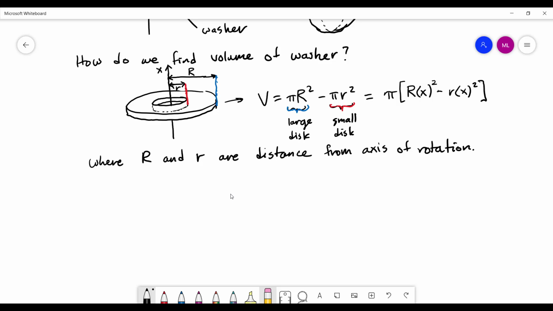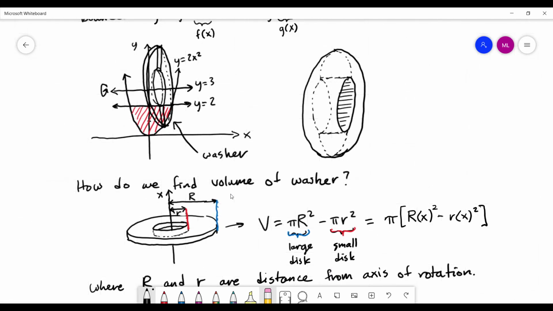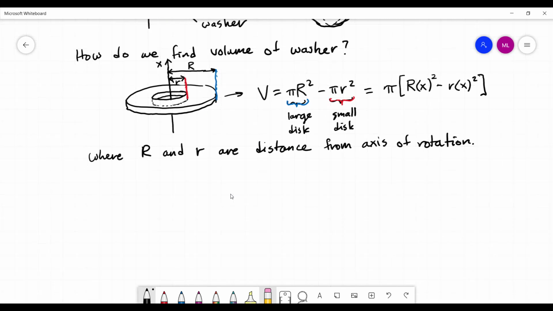So in this case, the axis of rotation up in our example was the line y equals 3.